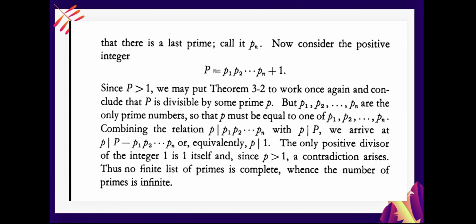Combining the relation p divides p1 p2 ... pn with p divides P, we arrive at p divides P minus p1 p2 ... pn, or equivalently p divides 1. And the only positive divisor of the integer 1 is 1 itself. Since p is greater than 1, a contradiction arises. Thus, no finite list of primes is complete. Hence, the number of primes is infinite.